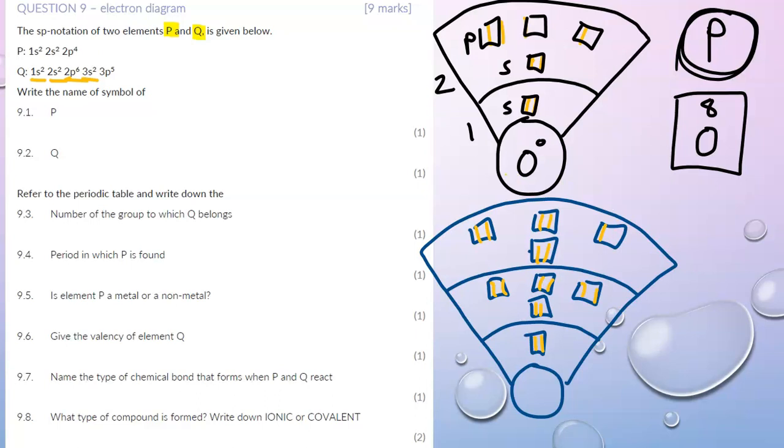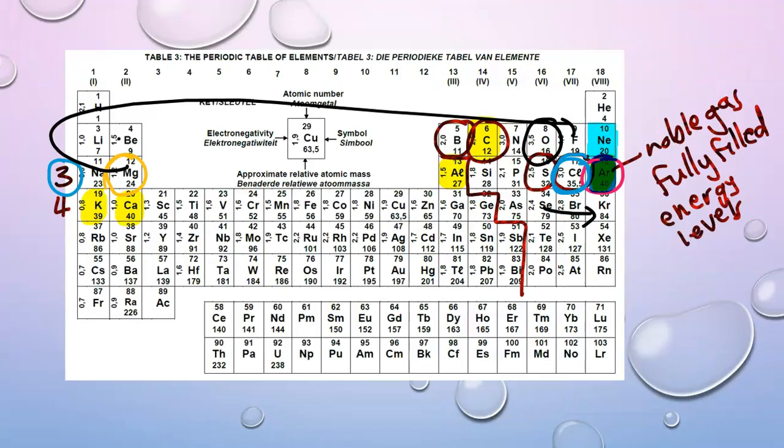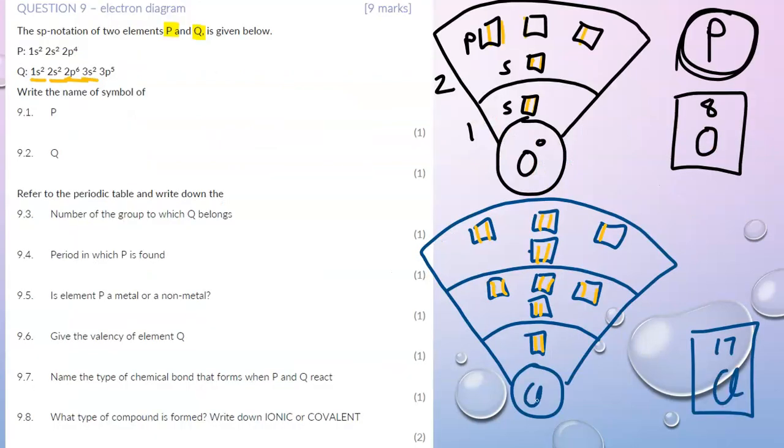Okay, if I count all of these electrons, I get a total of 17. So I'm looking for element number 17 on the periodic table, and if you do not know that yet, it is chlorine. Okay, so this is again the electron diagram of the neutral chlorine atom.